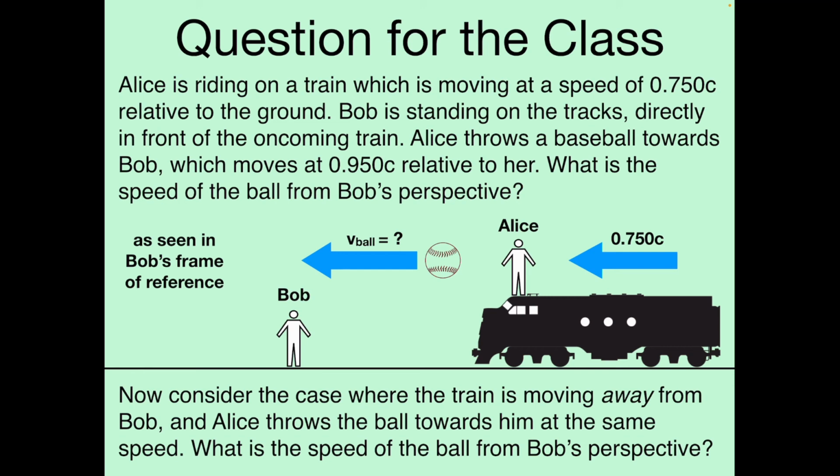And then as a follow-up, now let's consider the case where the train is moving away from Bob and Alice throws the ball towards him at the same speed. What would the speed of the ball be from Bob's perspective in that case? So pause the video, try to work this out using the relativistic velocity transformations that we derived in the last video and see what you come up with, then come back to the video and we'll go through it together.